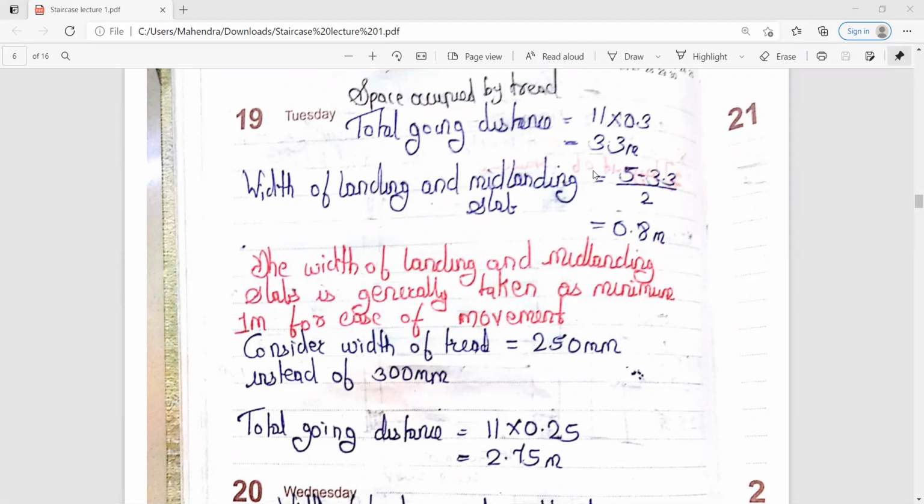Okay, done. Everybody has completed. All the others have also done. Should I scroll it down? Okay, what about the others? Everybody has completed?